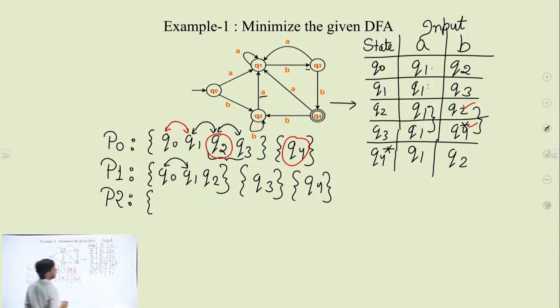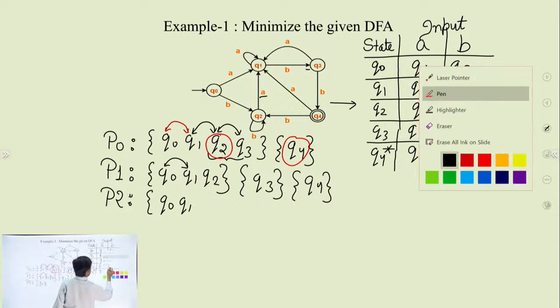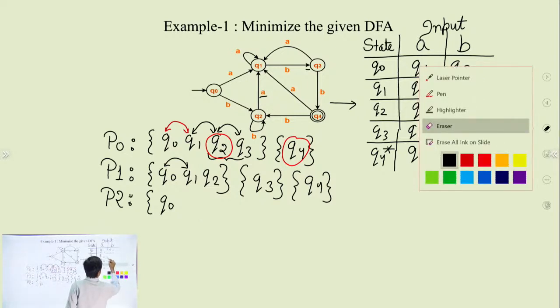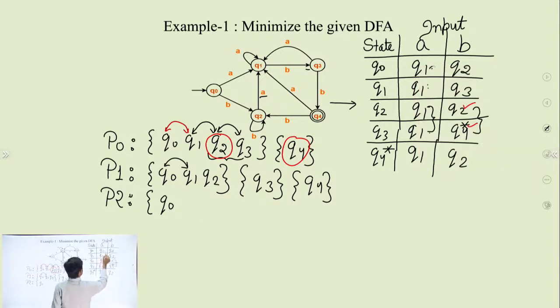Q1 and Q1 are the same state, so they are in the same set, so Q0 and Q1 come together. Let's see both states. Q0 and Q1 go to the same state, they belong to the same set.